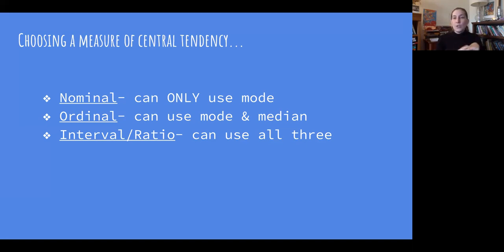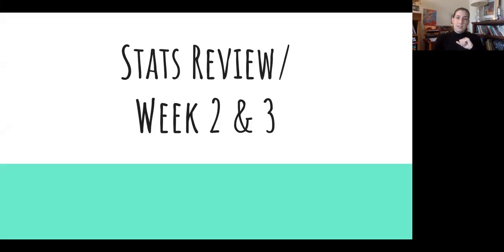But if I come out with a 2.3 average, that does not tell me anything because I cannot quantify the difference between disagree and neutral, which is where that would fall. Okay, so it's critical for each variable to be able to identify what is the level of measurement for that variable, and then think about, okay, given that, what measures of central tendency can I use to try to communicate some nice factoids and tidbits about this variable, some descriptive statistics.